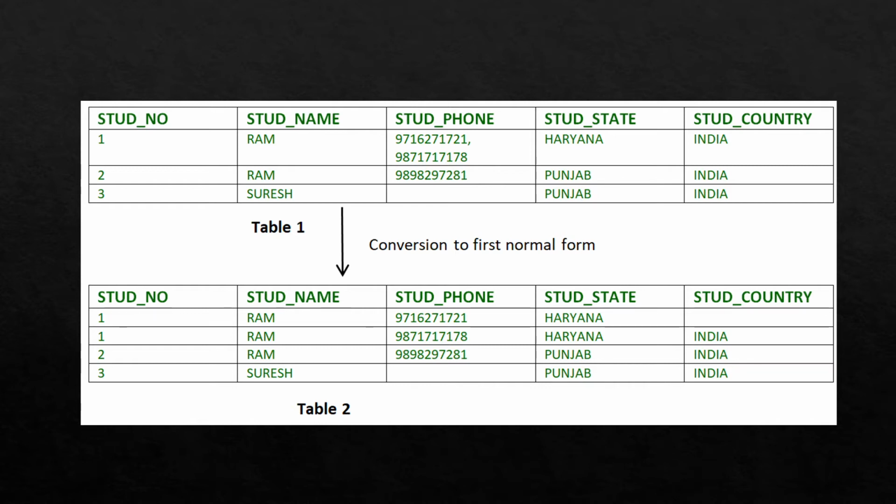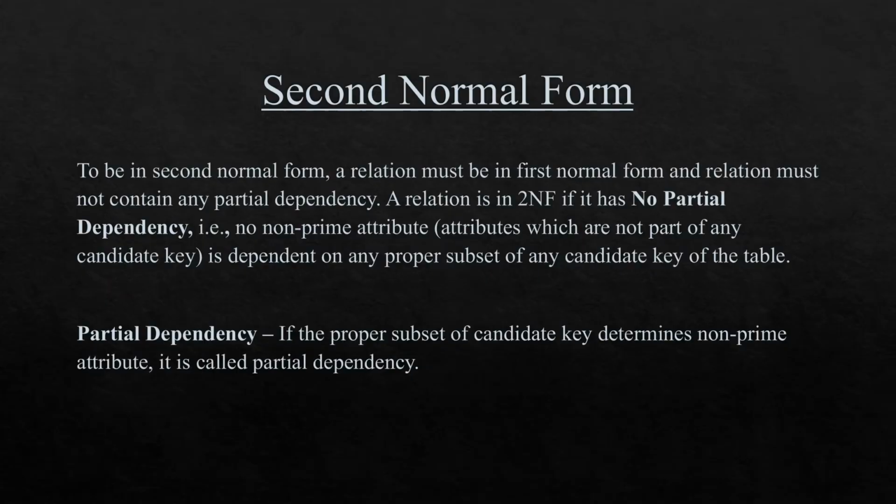So this violates the rules of first NF, and we will convert it into first NF by separating out those mobile numbers in separate entries. So now in table number 2, we can see that it is in first normal form and it satisfies the properties of first normal form.